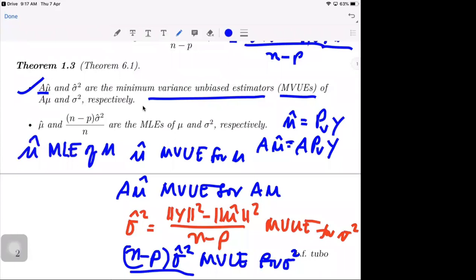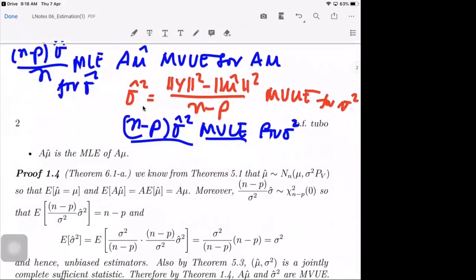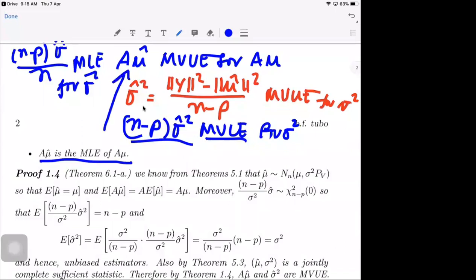But for the MLE, it will be N minus P times sigma hat squared, but over N, that will be the MLE for sigma squared. Okay, so there is a difference between the MVUE and the MLE for the variance sigma squared. This is the same for the MVUE. Mu hat is MLE for A mu. Okay.